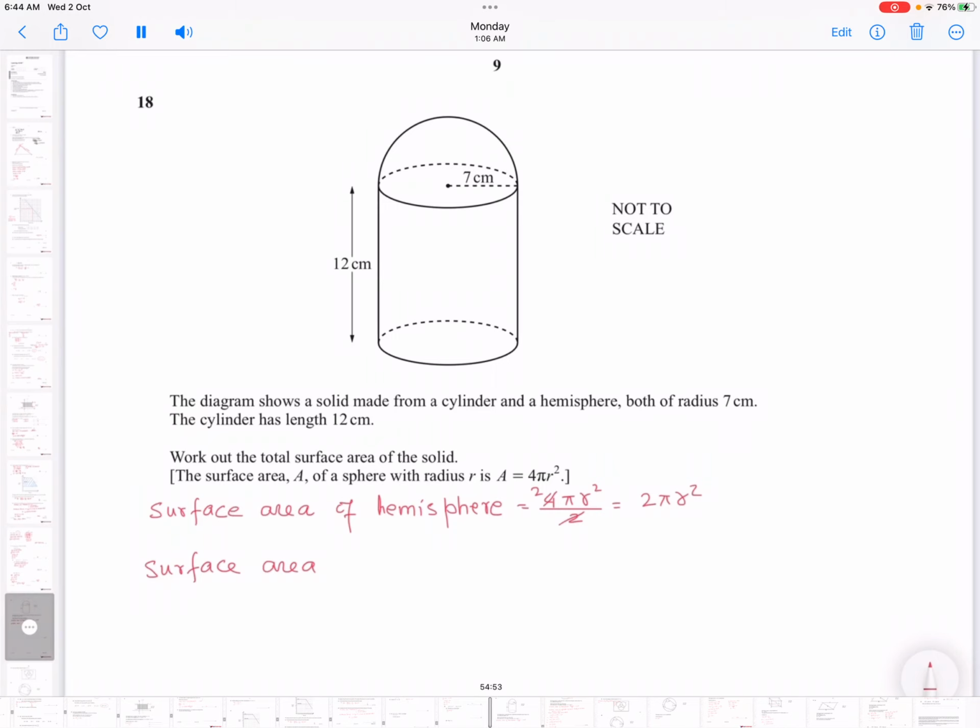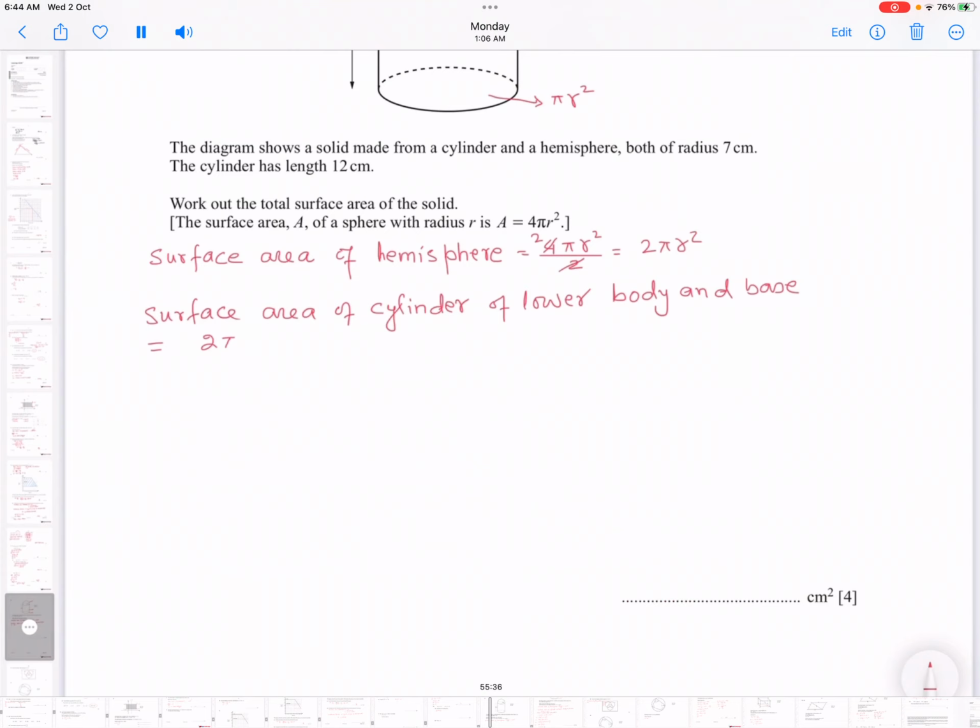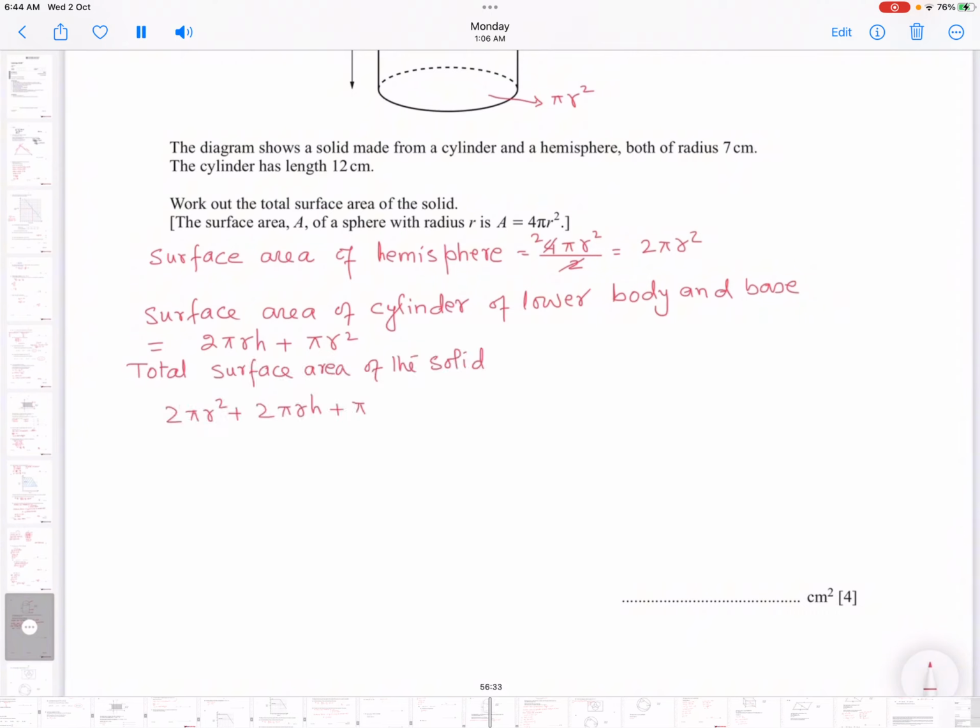And surface area of cylinder, of lower body and the base: the curved surface area of the cylindrical body is 2 pi rh, and the base is a circle, so add pi r square. Now add all of them together. It gives you total surface area of the solid, 2 pi r square plus 2 pi rh plus pi r square. So this is 3 pi r square plus 2 pi rh.